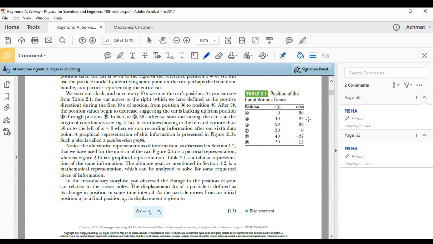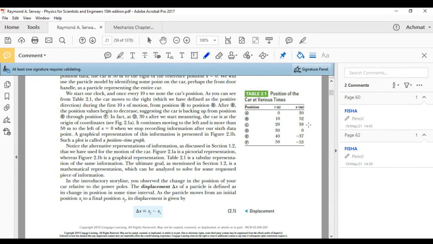Then we go from 52 to 38. It's best to work out the difference between them: 52 minus 38. How much is that? Oh, I can't do my calculations in my head. Come, you help me. 14. Yes, it's 14.